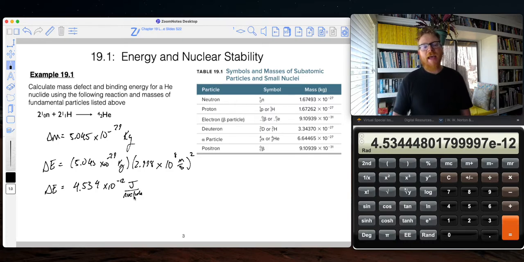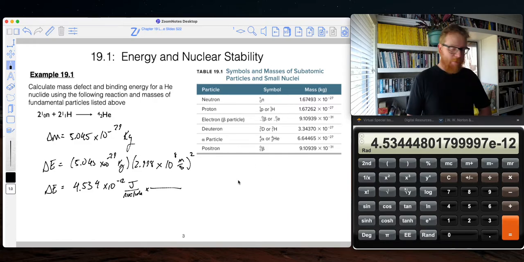However, what if we made a mole of these things, right? Seems like a reasonable amount. We're gonna have a hard time making like one single nucleus, right? So what happens if we make a mole of them? Okay, well that would be times 6.022 times 10 to the 23 nuclides per mole.